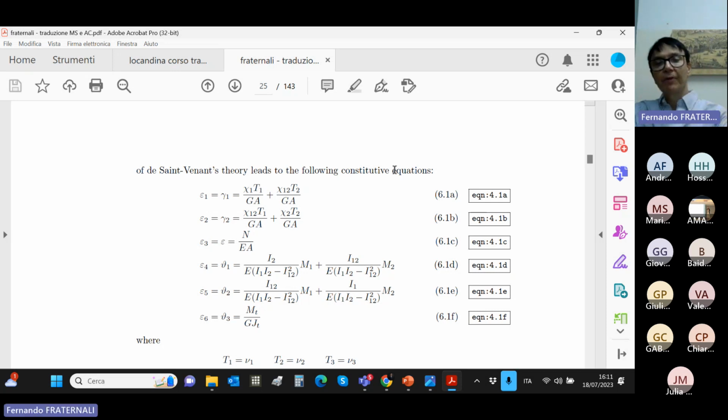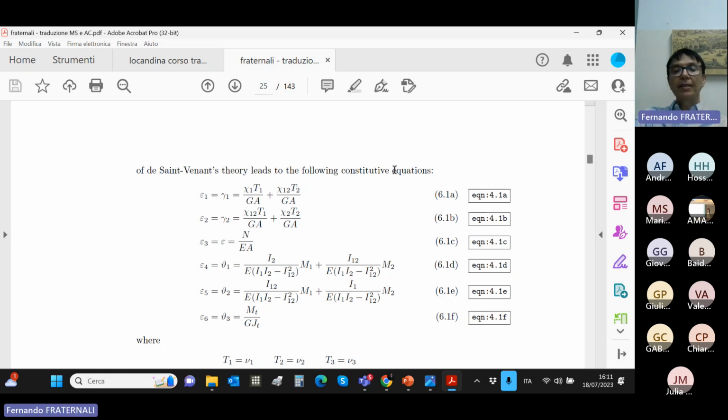Also, for the same reason, we have coupling terms between the two shear forces with the coupling shear factor T1,2, and this other coupling can be set to 0 if one of the two axes is a symmetry axis. This is the same as in the straight beam.